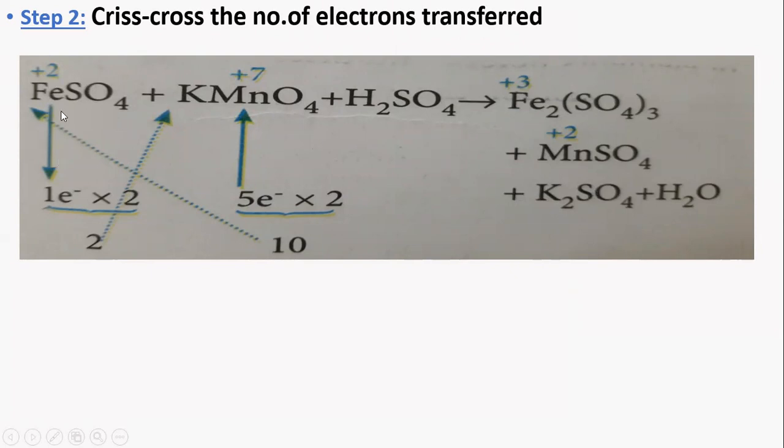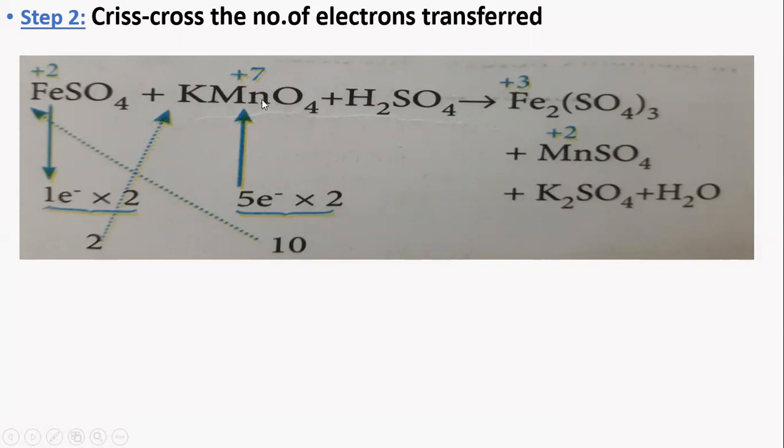Before that we have to find their difference between +2 and +3; subtract them. What do we get? 1 electron. So 1 electron into the Fe: on the reactant side 1 Fe is present, whereas on the product side there are 2 Fe, which means we have to multiply it by 2 so that we get 2.